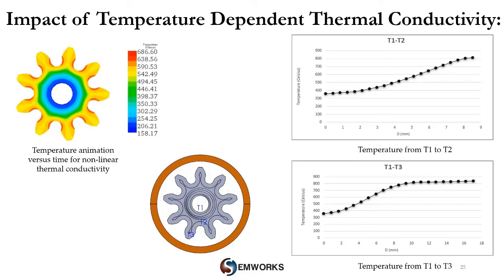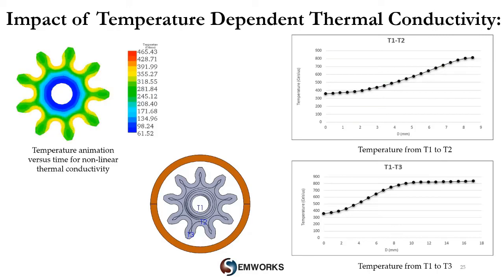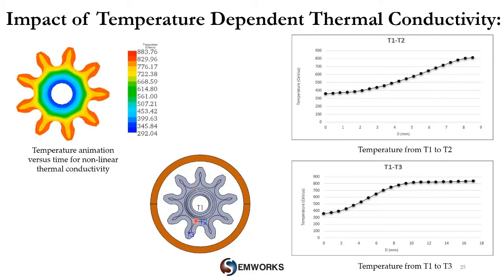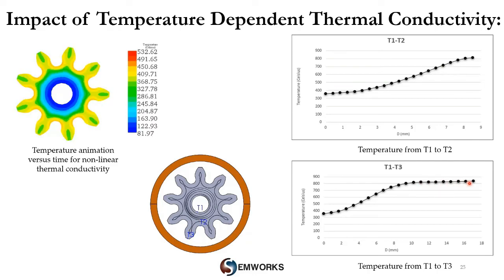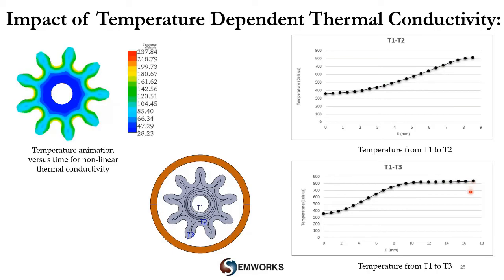For the space between T1 and T2 and T3, which defines the working depth, the variation of temperature is very small, between 820 degrees Celsius and 870 degrees Celsius. So it is well defining the required temperature rates for the hardened profile.